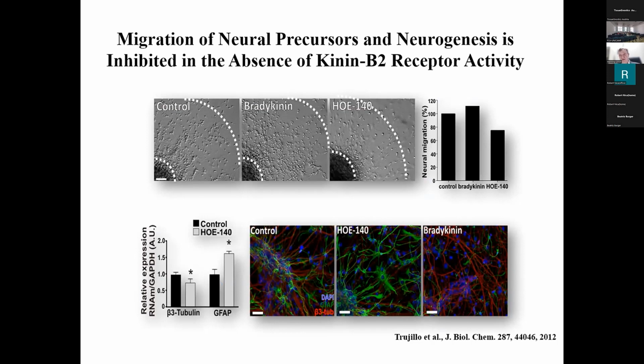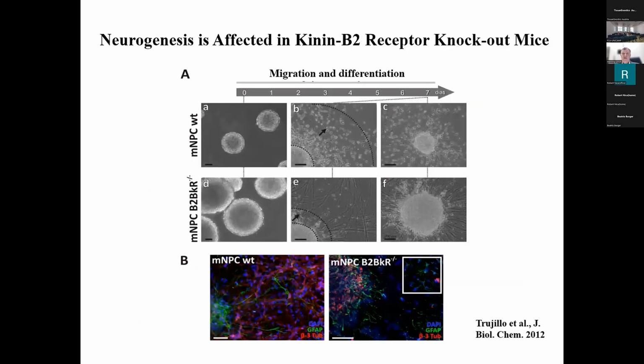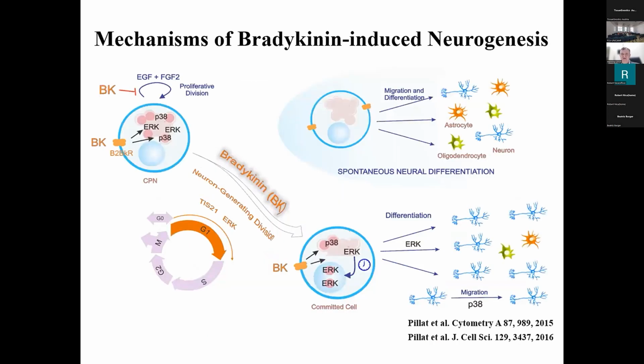On the other side, bradykinin-stimulated cells have fewer astrocytes. This affects not only pharmacological models, but also a transgenic model, if we have a knockout mouse without the bradykinin receptor. The idea was that bradykinin would induce differentiation to neurons through an enzyme that is activated, ERK, a MAP kinase which induces gene expression.